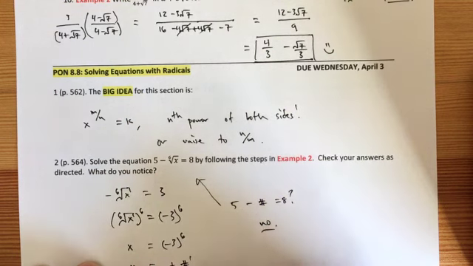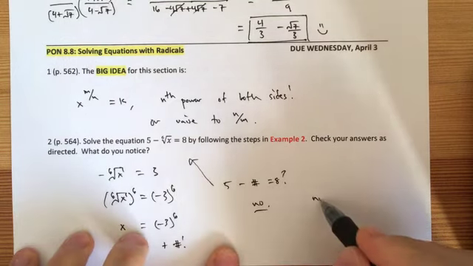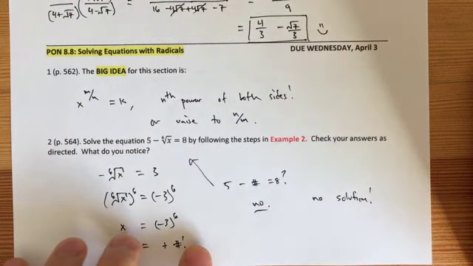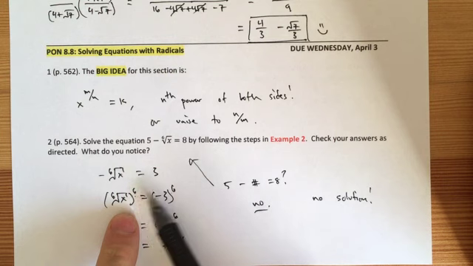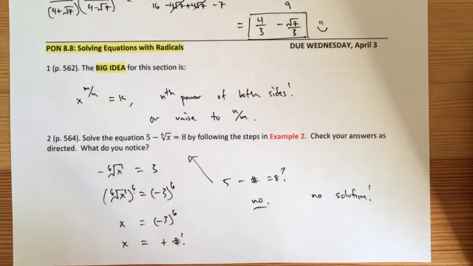No. So this actually is not going to work if I plug it back in to check it. And so this actually has no solution. So anytime you raise something to an even power, you want to be pretty careful to make sure you don't get some extraneous solutions. Whatever this solution is, negative 3 to the sixth power, is an extraneous solution.